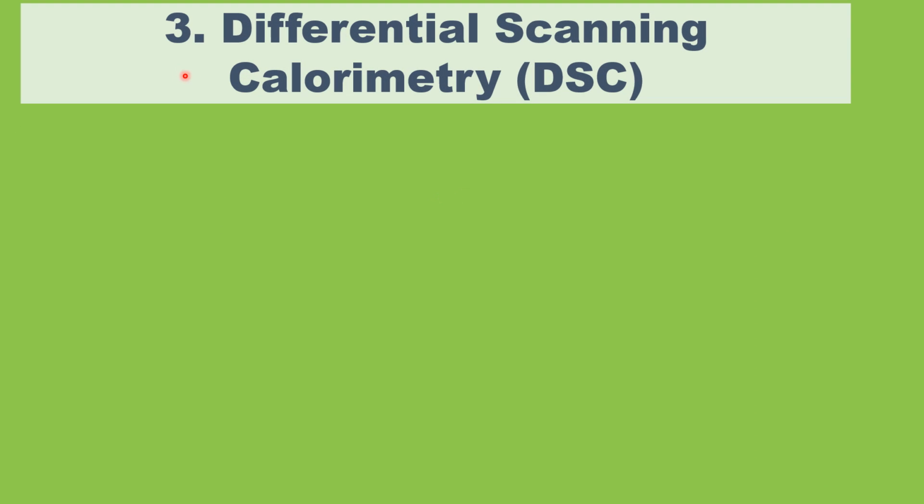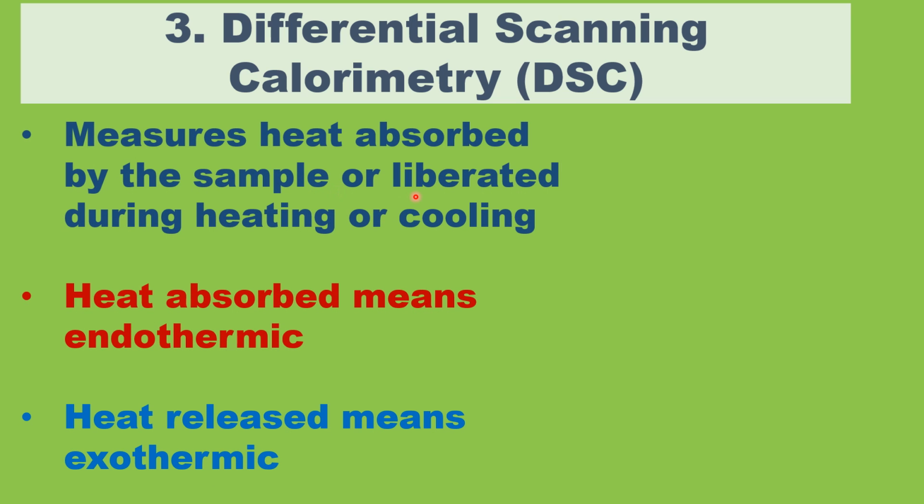The third technique is differential scanning calorimetry, DSC. In DSC, it measures heat absorbed by the sample or liberated during heating or cooling. That is, how much heat is absorbed by the sample when temperature is increased or decreased, that is cooling.